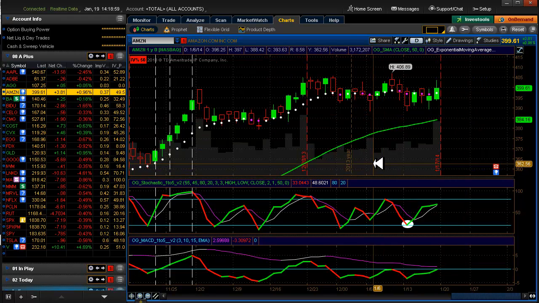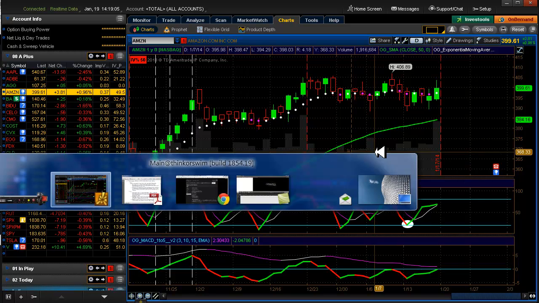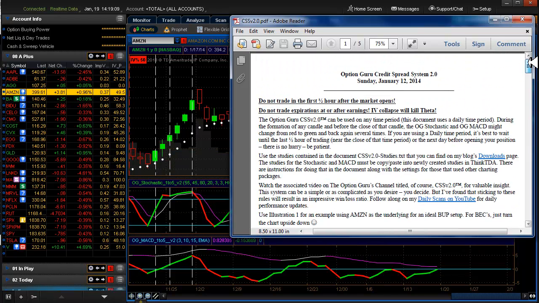I'm going to stick with the Amazon example, which is the same example that I have in the rules. And here is the actual document with the rules in it for the Option Guru Credit Spread System 2.0 from last Sunday.